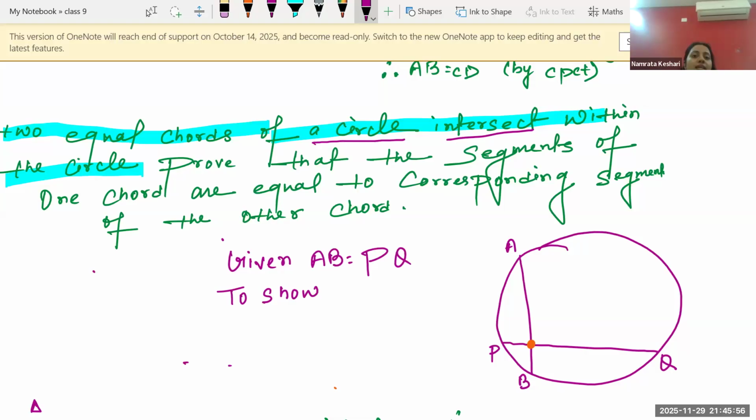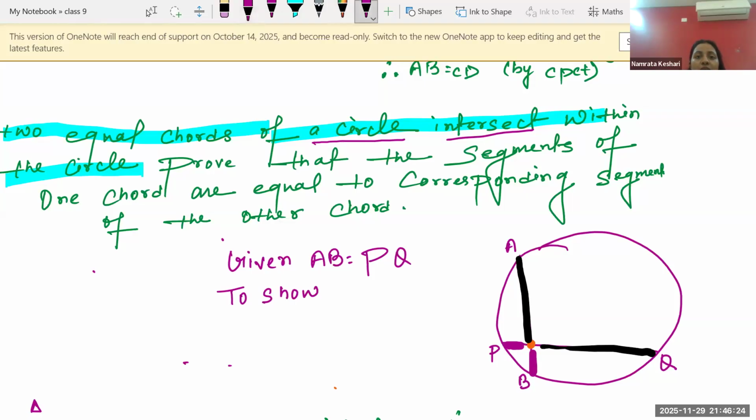So the bigger portion of one chord is equal to the bigger portion of the other chord, and the smaller, teeny tiny portion of this chord is equal to the teeny tiny portion of the other chord. Are you understanding what it says?